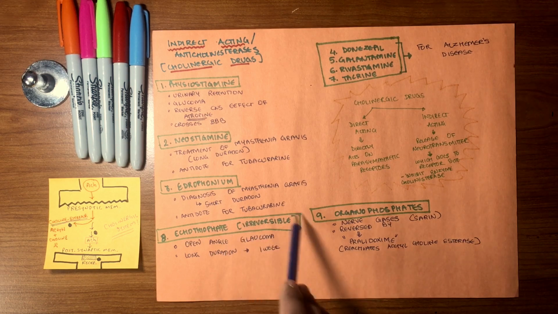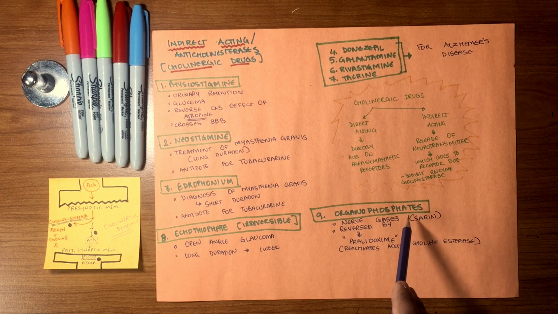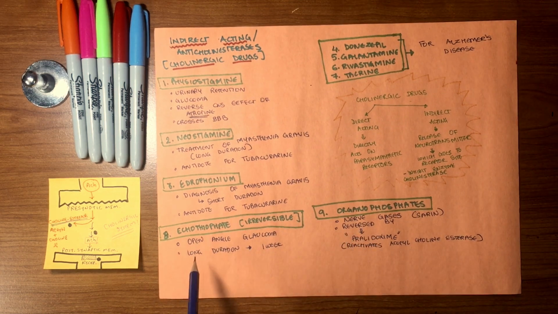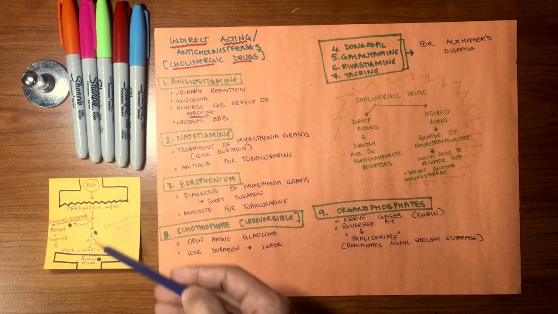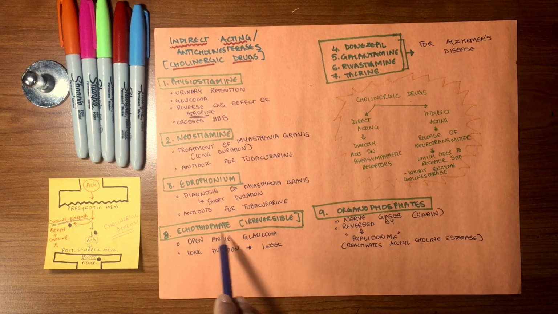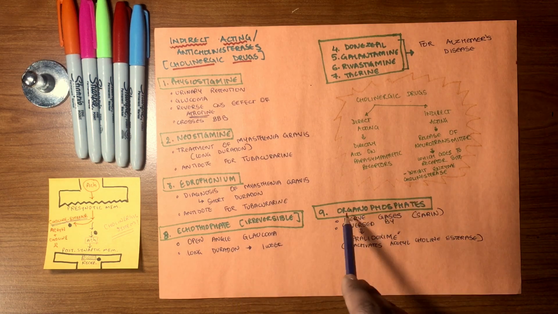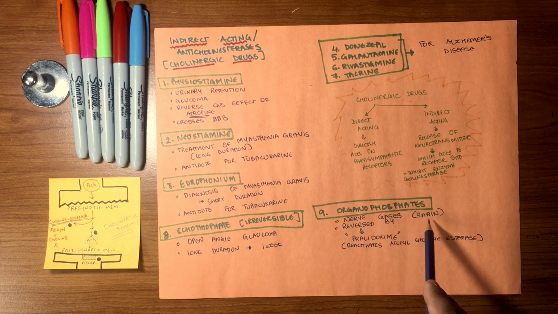Echothiophate, irreversible. Organophosphate, also irreversible. Both of these drugs work by irreversibly inhibiting cholinesterase, so it enhances the effect of acetylcholine. Echothiophate will work in open-angle glaucoma to reduce the intraocular pressure. Organophosphate is also known as the nerve gas sarin.